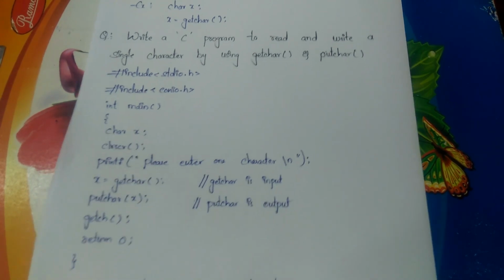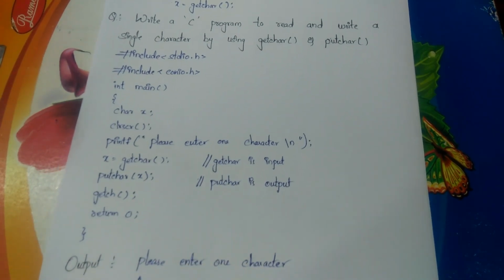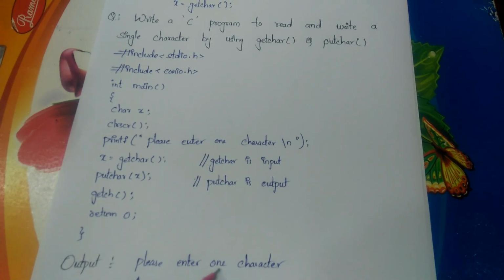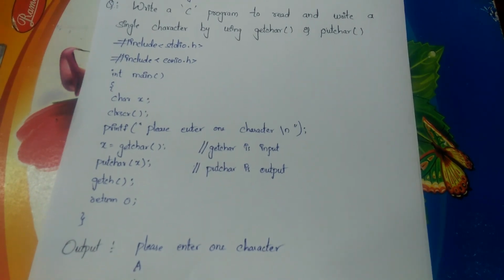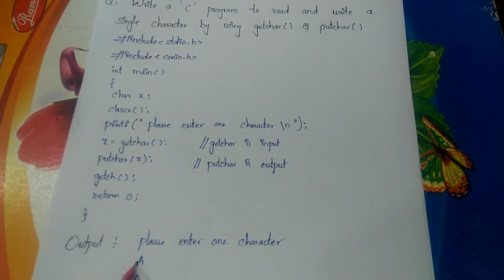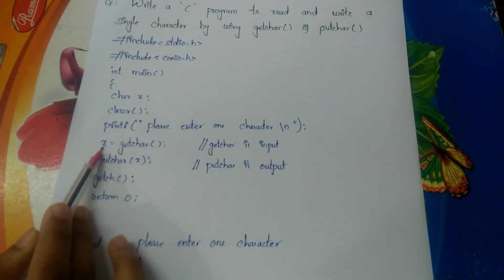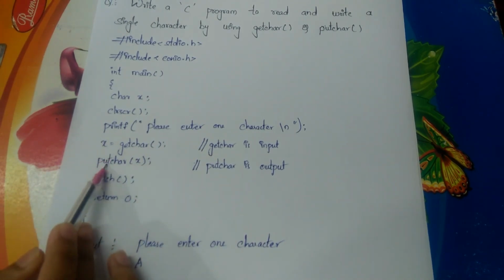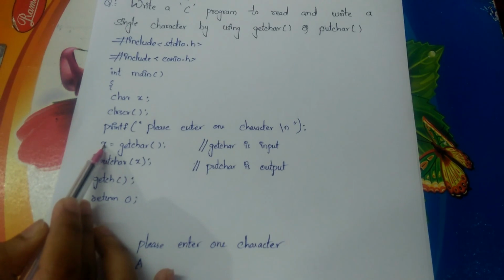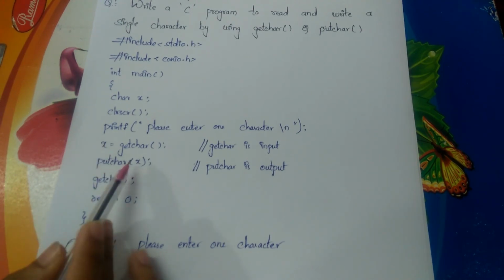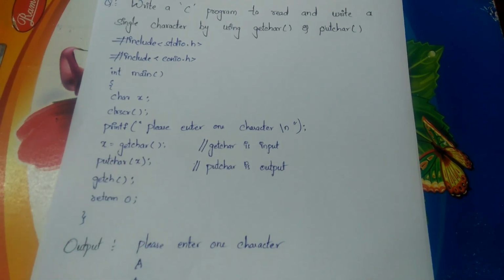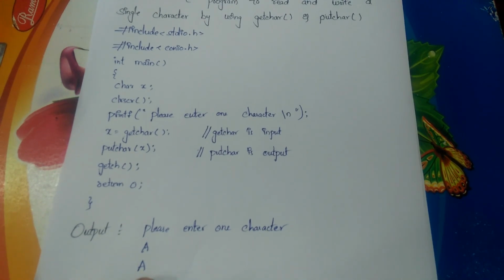So in the output we get: please enter one character. One character we have to enter. I entered A. That will be stored in variable x. Now putchar of x, so A is stored in x and will be printed here. At last we get A.